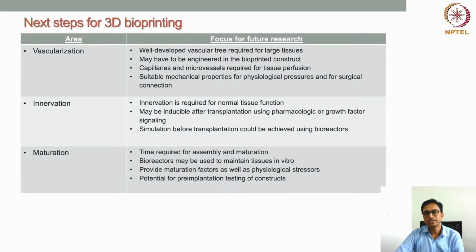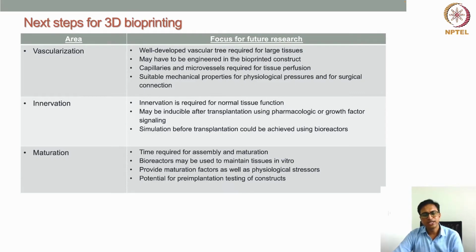So vascularization is a major challenge in the case of bioprinted constructs, but unless we can come up with strategies to solve it, bioprinting projects cannot be successful, and a vascular tissue construct is needed for this.